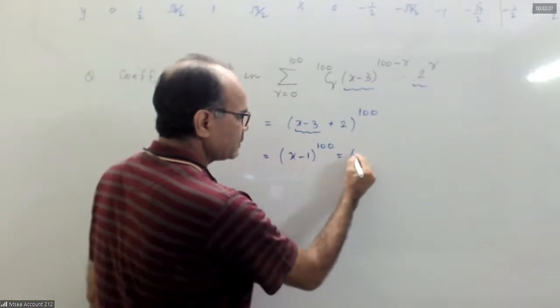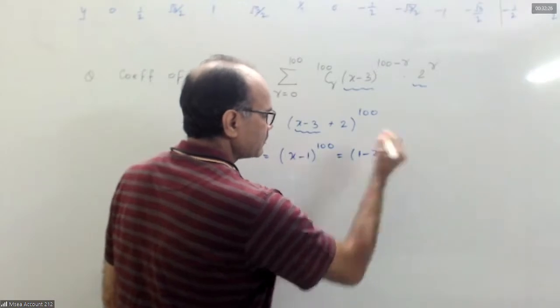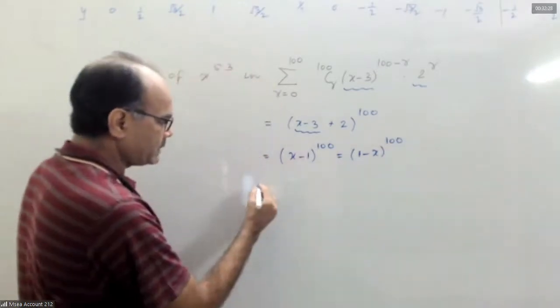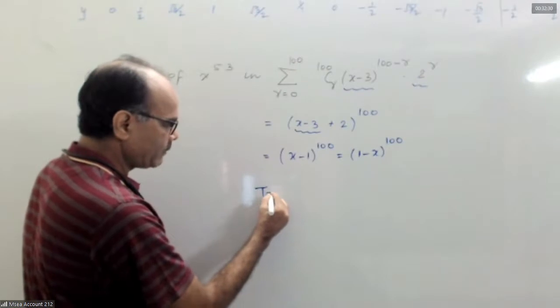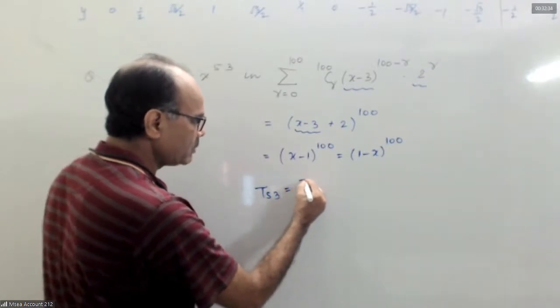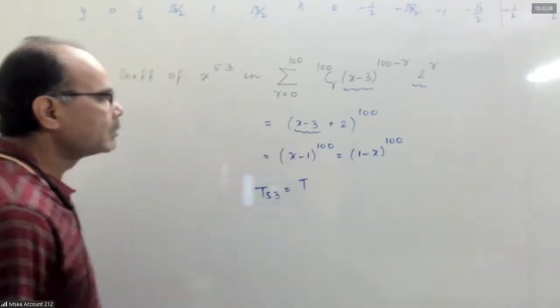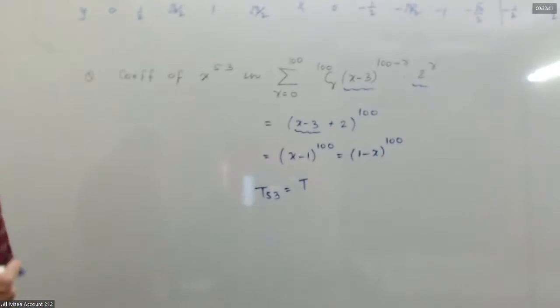This is nothing but, you can write, (1 minus x). Now, coefficient of x to the power 53.